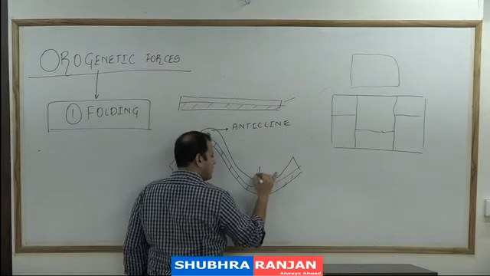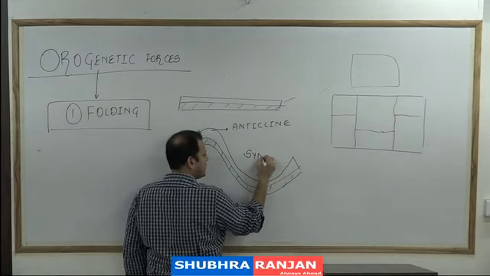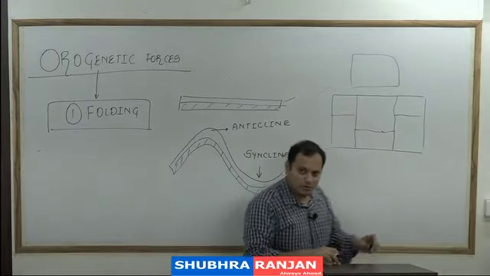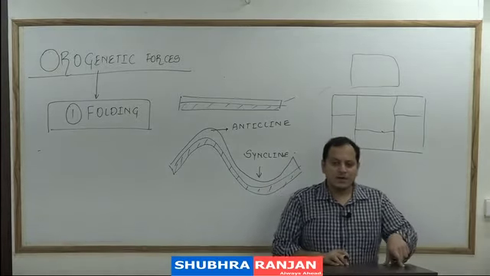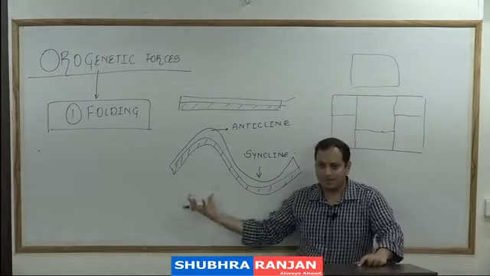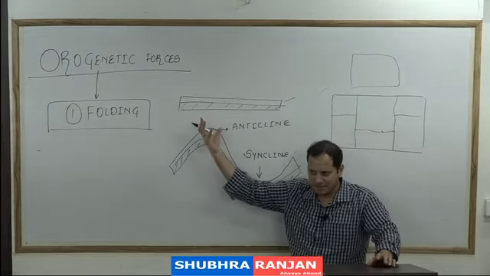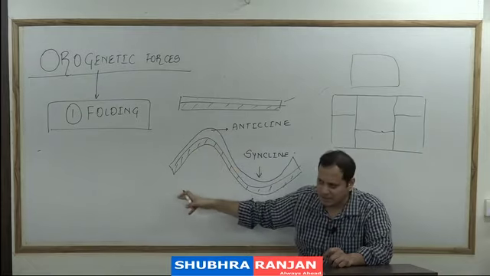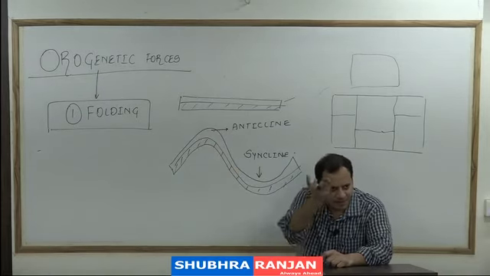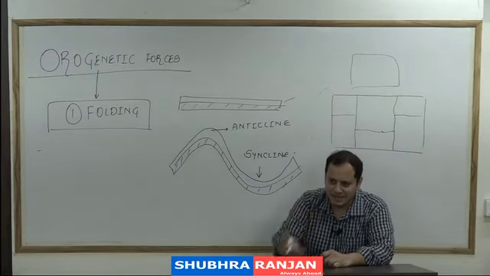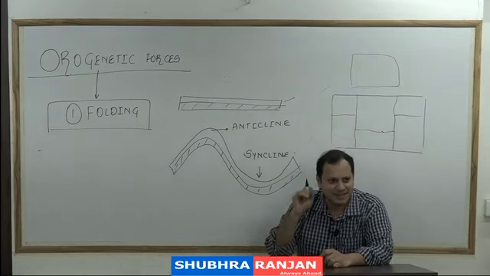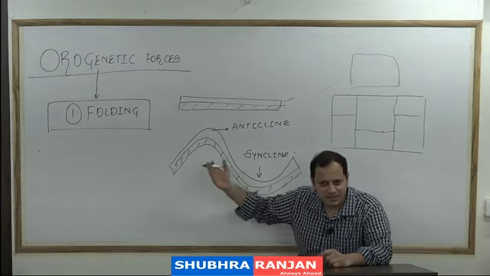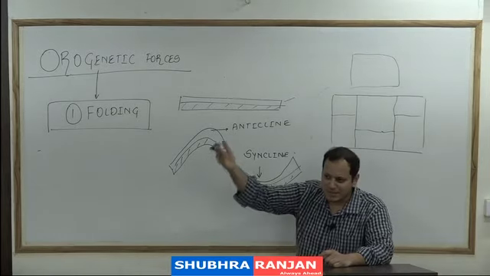We will call this a valley, but in geography this is known as a syncline. So what does the folding result in? Folding results in warping. In warping, the upfolded part, which is upward, is known as an anticline. Generally mountains are anticlinal mountains, and the downfolded part is known as a syncline. So later we will use the word synclinal valley. You should understand that a synclinal valley is nothing but a valley in the downfolded part.